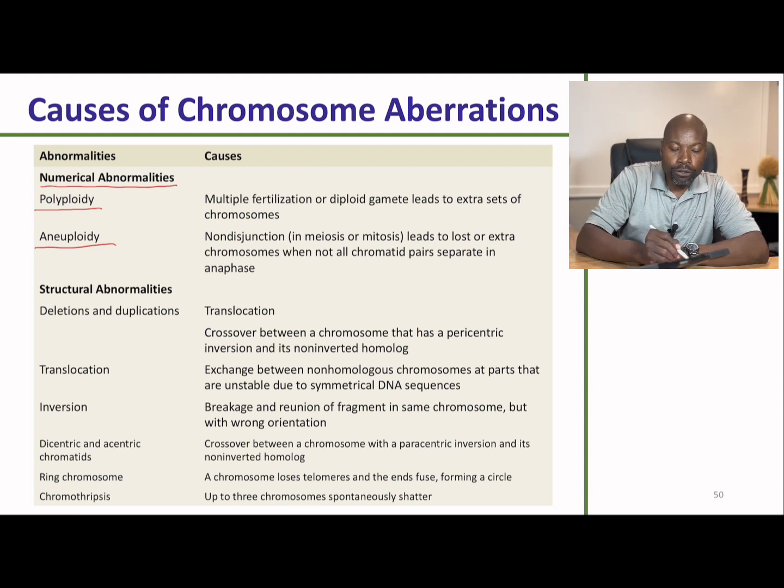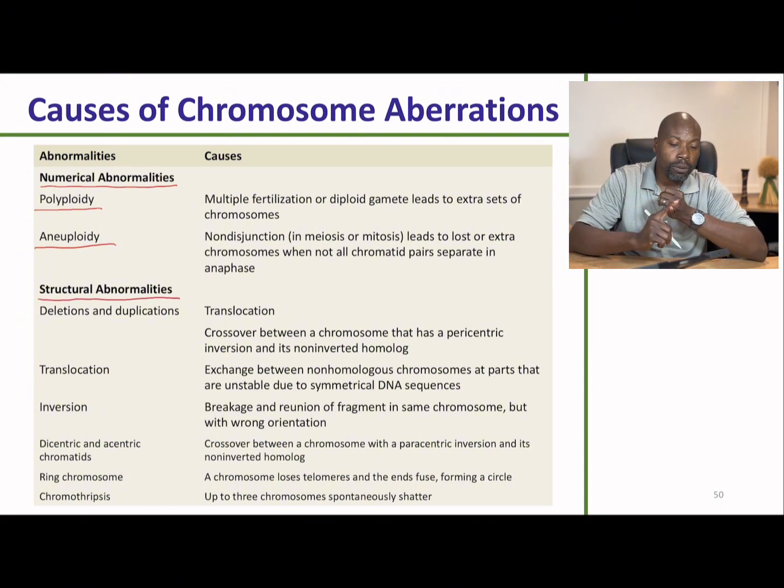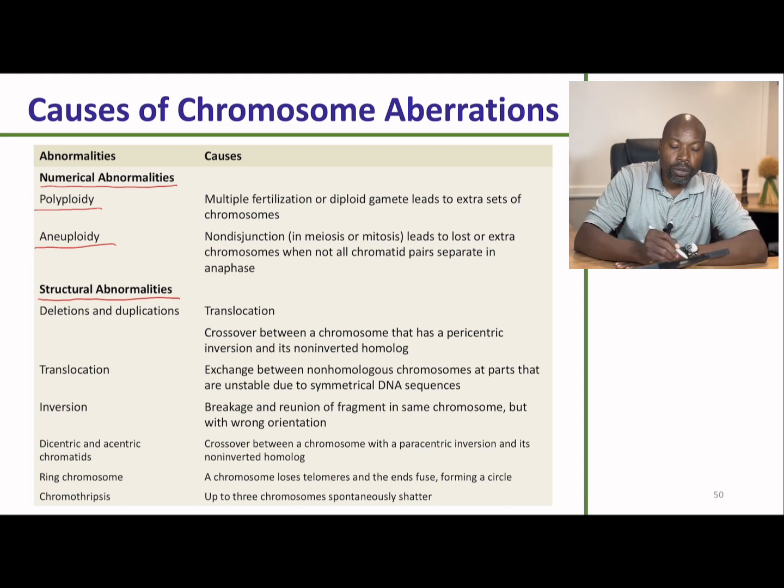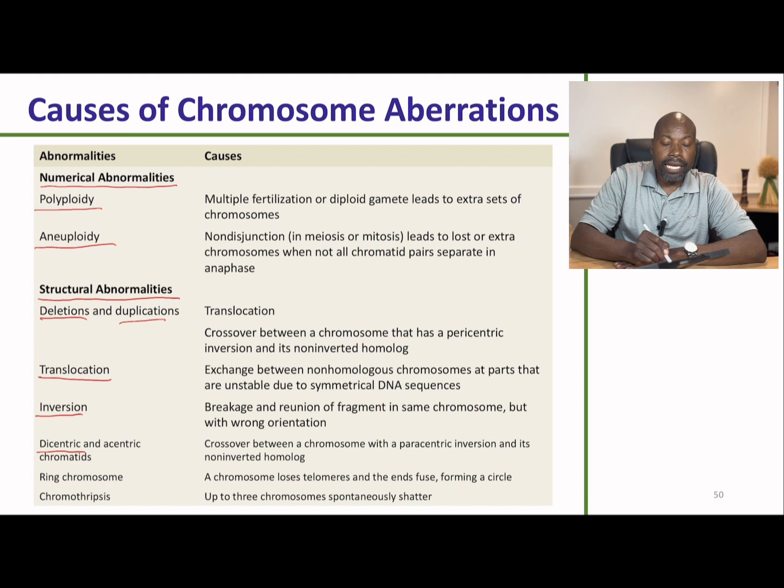Then you're going to have numerical abnormalities and structural abnormalities. In structural abnormalities, we're going to have deletions and duplications. We're going to have translocations. We're going to have inversions, dicentric and acentric chromatids. We're going to have ring chromosomes and chromothripsis, okay?